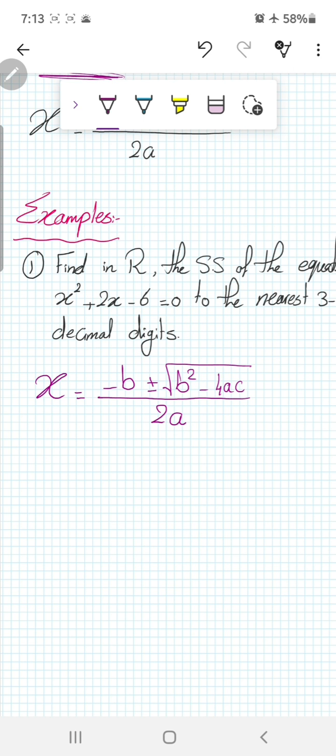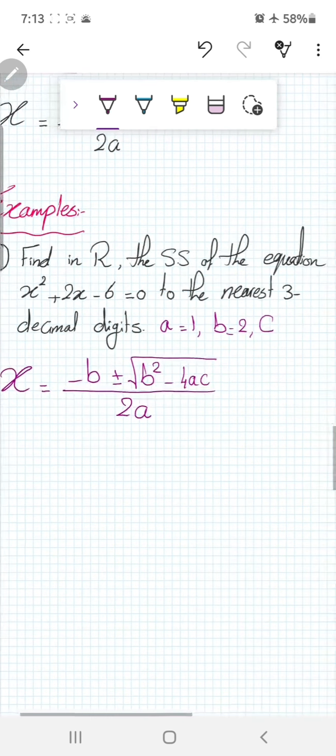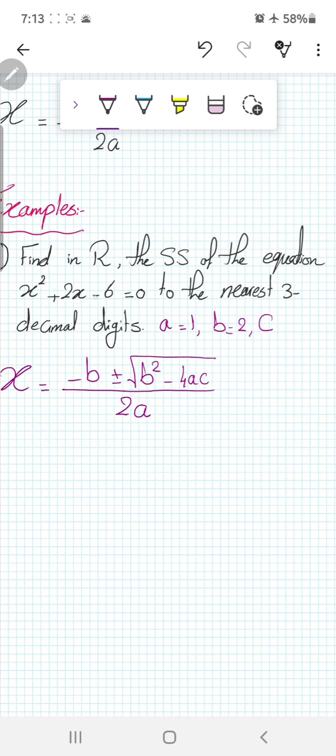First we want to determine a, b, and c. Here a, the coefficient of x power 2, is 1. b, the coefficient of x, is 2. c, the absolute term or the number, is negative 6.